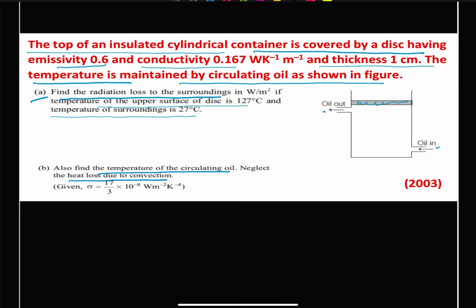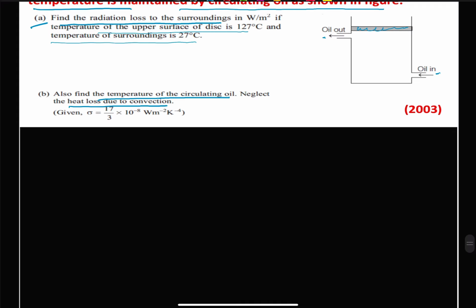First of all, let's write all the things which are given to us. First, emissivity E is given as 0.6.